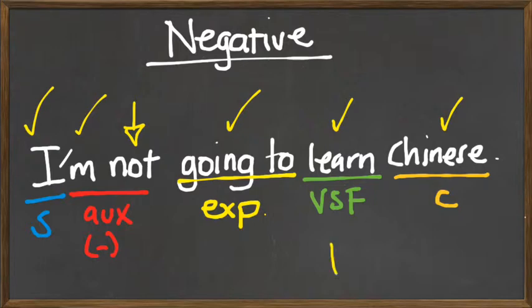And also, one more time, we can add a time expression. We can say, I'm not going to learn Chinese this year. Meaning that we do not have any plans of doing such thing.